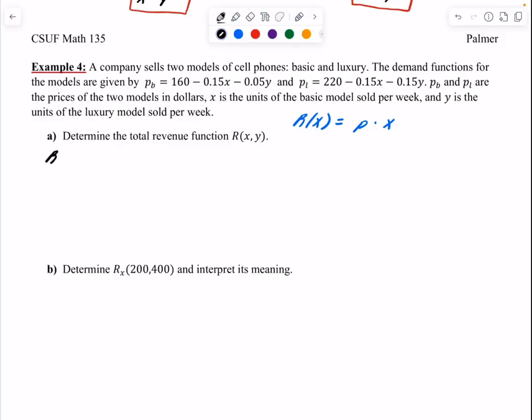So when we go to find our total revenue function, it is going to be price times x plus price times y, where again, if x is talking about the basic model, this is going to be a subscript of B, and y is talking about the luxury model, this is going to be a subscript of L. We can go ahead and plug in both of our demand functions, multiplying them by x and y respectively.